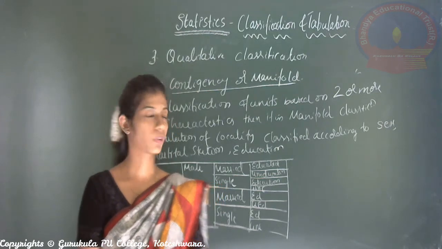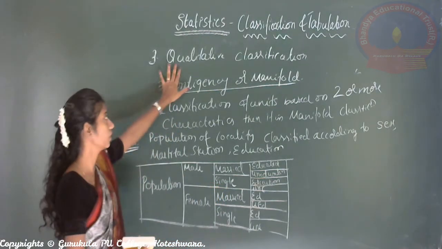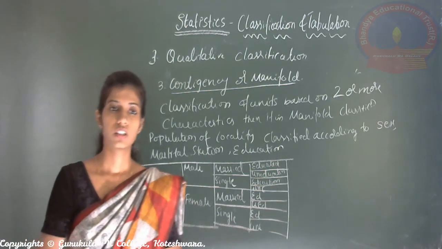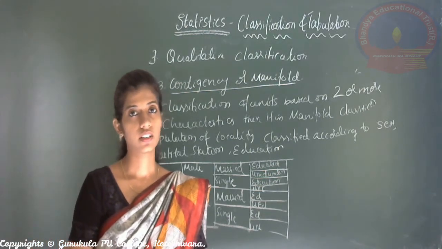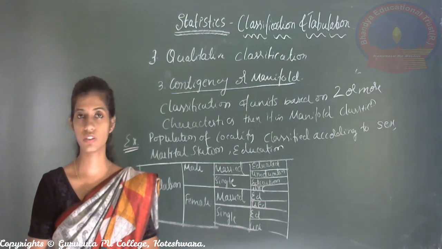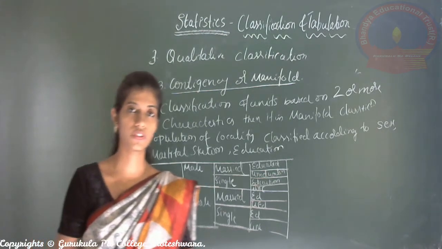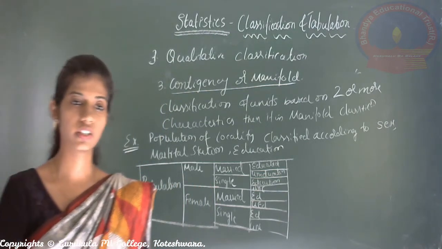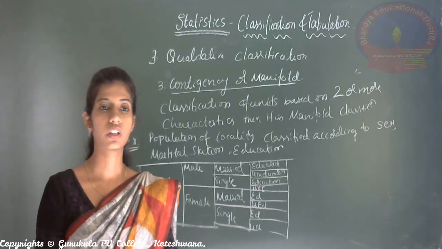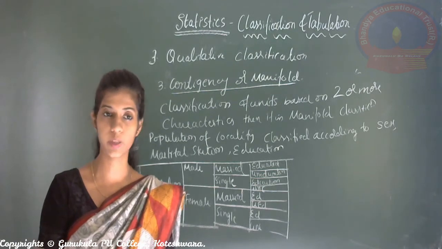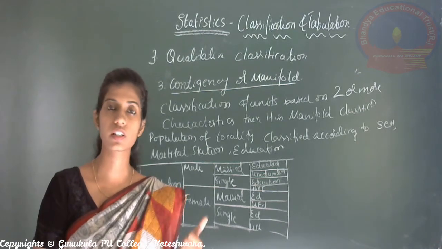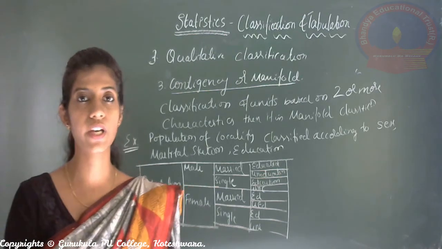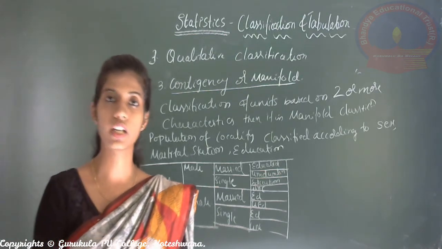Okay, this is the classification of qualitative data. The last one is quantitative data. First of all, you should know what is meant by quantitative data. As I told in the beginning, quantitative data should be expressed in terms of numbers.